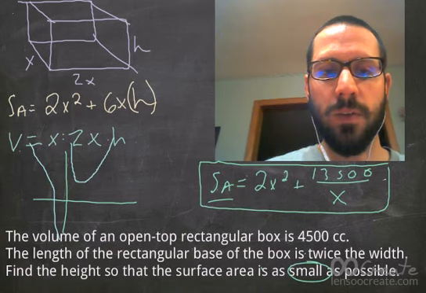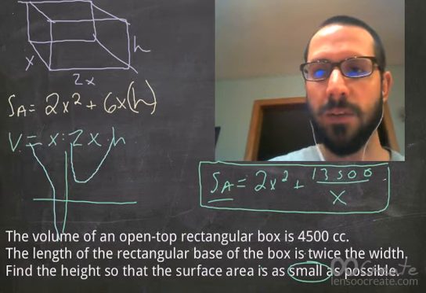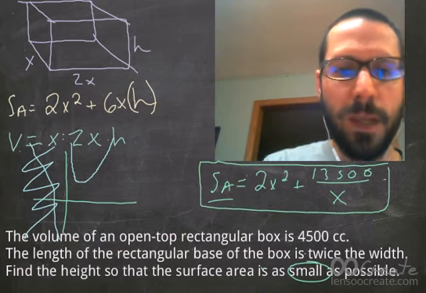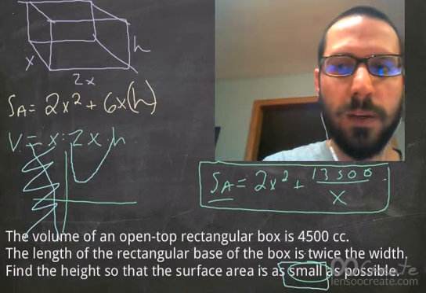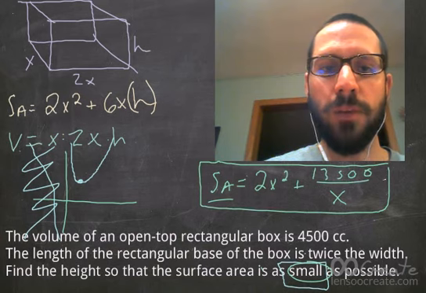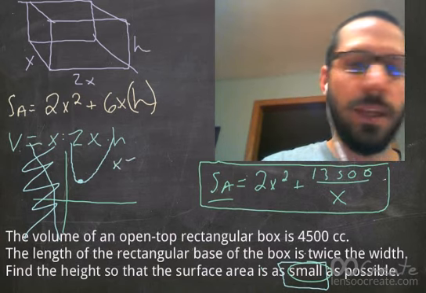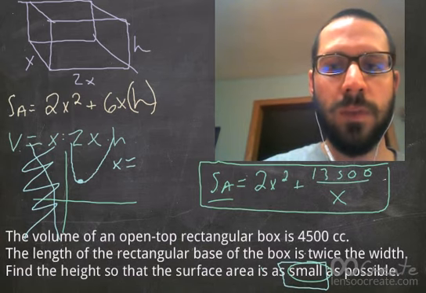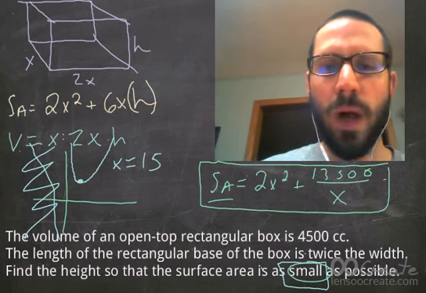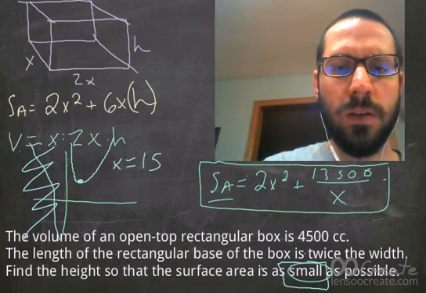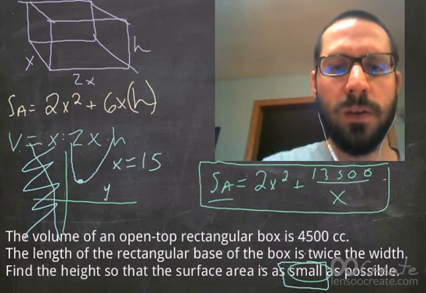So obviously in x's, and we're talking about lengths, we're not worried about the left side, the negative side of the graph. So we must be looking for a minimum spot right here. So we'll zoom in on our graph, we'll get what x equals, and in this case I think it's 15. And it gives us this y value of 1350.